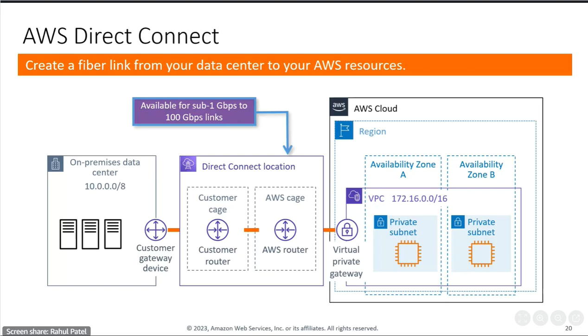This is a physical installation of cable, and it is not feasible in every case. First you need to check with AWS, and AWS will consider your use case, and if a Direct Connect location is available near your data center, then you can use this service.